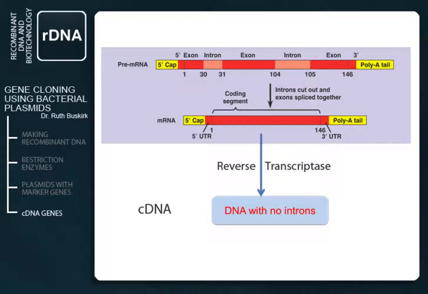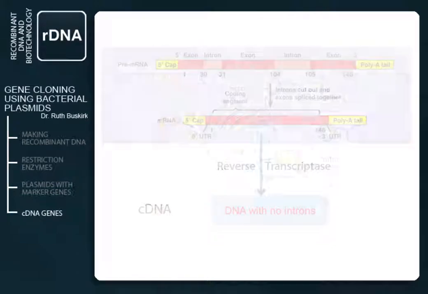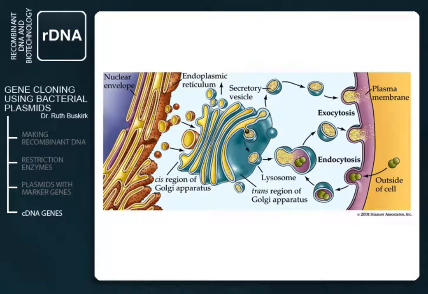So in the lab, we use a retroviral enzyme called reverse transcriptase to create the cDNA. Now, if this cDNA is taken up with the plasmid, the bacteria can translate the normal human polypeptide without the intervening introns.